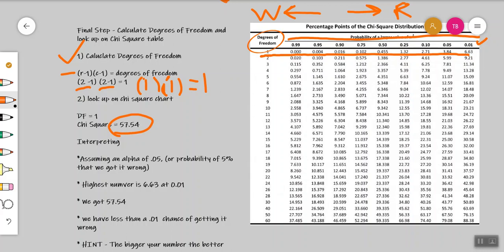So by the time you get to the very end, if you have anything above the 6.63, you're going to know it's very likely that you got it right. The highest number you see, 6.63 at 0.01, which is the 0.01% chance you got it wrong. We got a 57.54. So we can conclude then we have less than a 0.01% chance of getting it wrong.